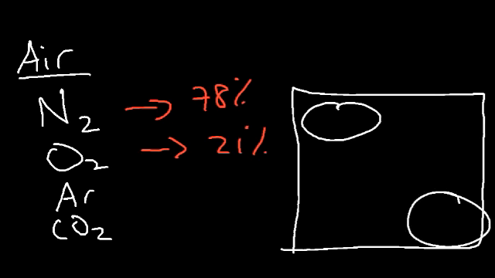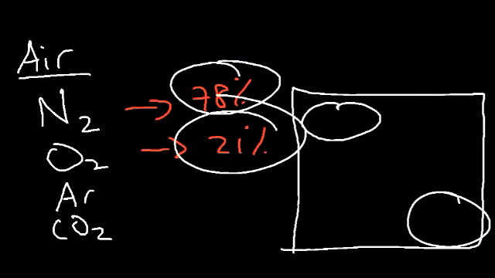And in this region, it's not going to be 50% nitrogen and 50% oxygen. It's always going to be 78% nitrogen and 21% oxygen. The distribution of these molecules is even throughout this particular room. So therefore, air is a homogeneous mixture.